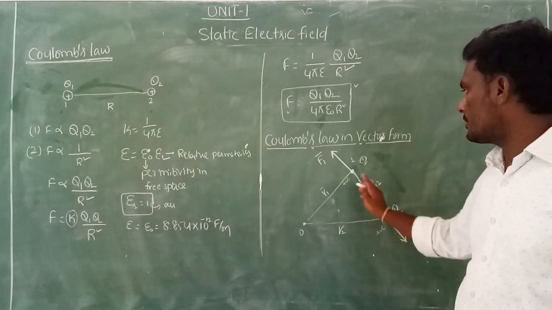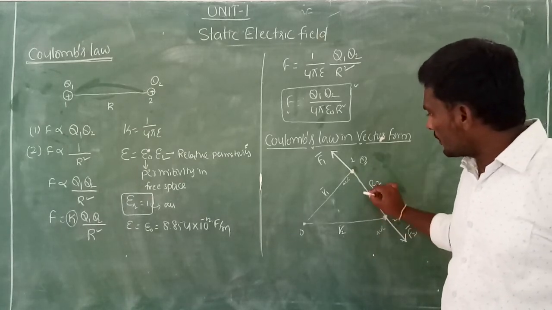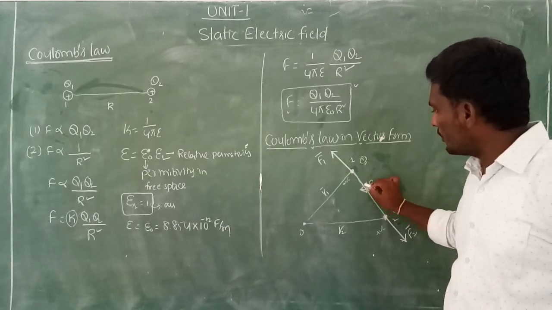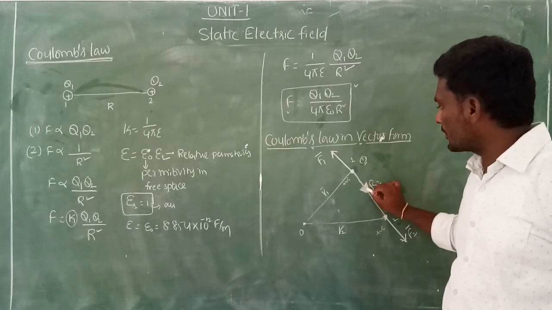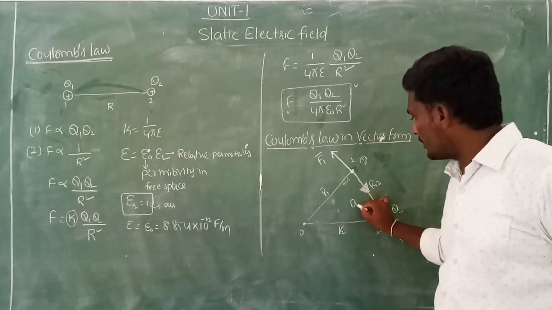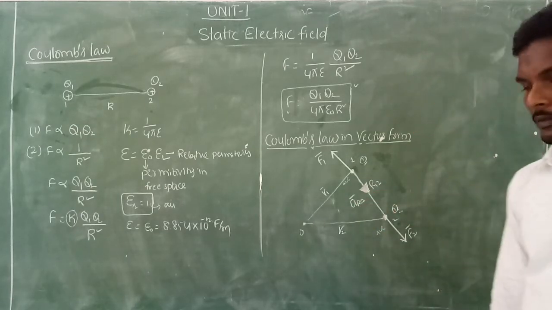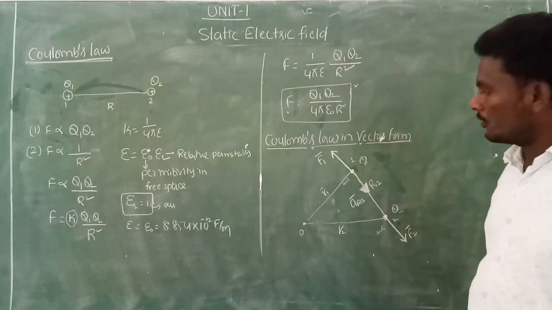Because the distance is between point 1 and point 2, and I am also representing a unit vector. What is the purpose of a unit vector? It represents the direction only, not the magnitude. So that's why it is R12 bar. What is this? This is a unit vector.